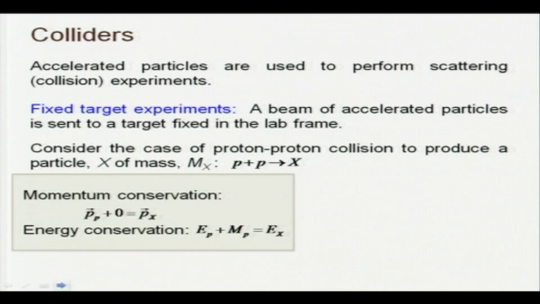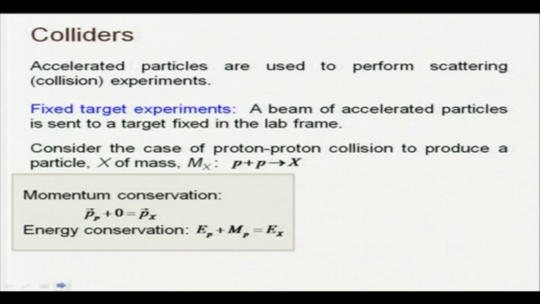So, in that case, momentum conservation will certainly tell us that only one particle is moving initially. Let me denote that by the vector p subscript p, and the other proton, a proton belonging to the target, is at rest. So, we have 0 for its momentum, and that is equal to the final momentum, where there is only one particle that we are going to assume here, px.